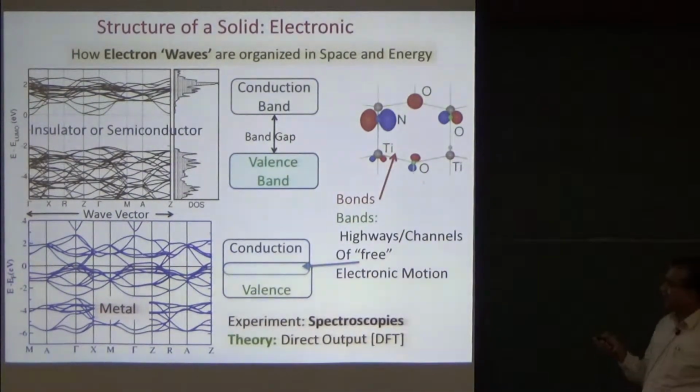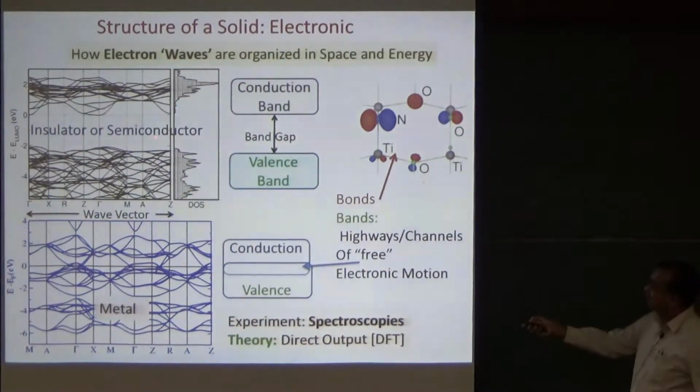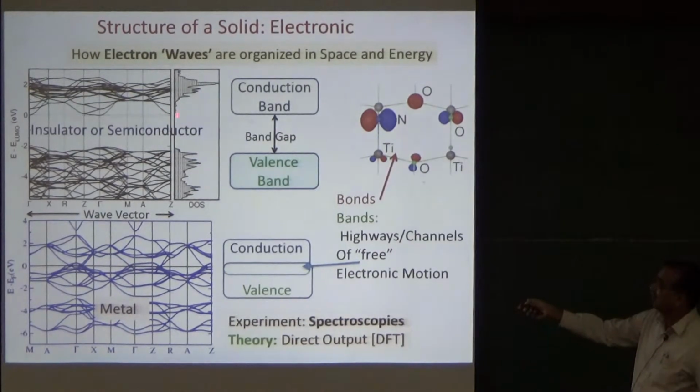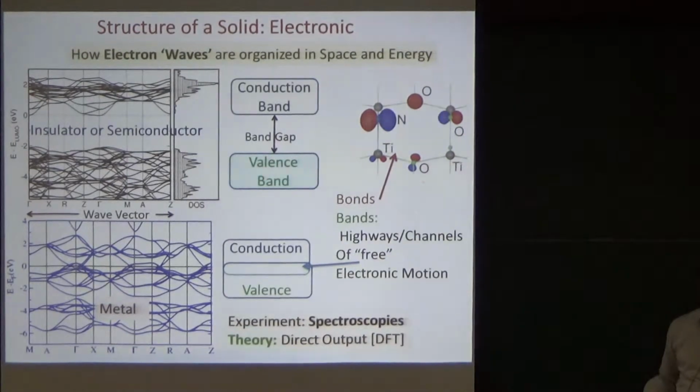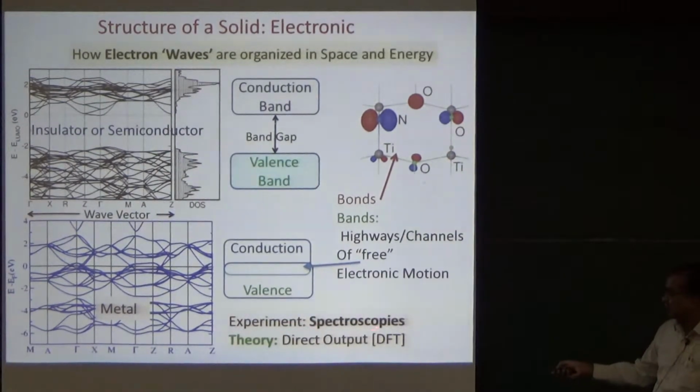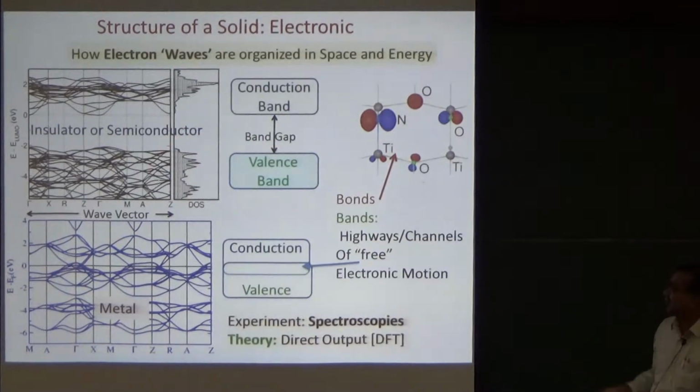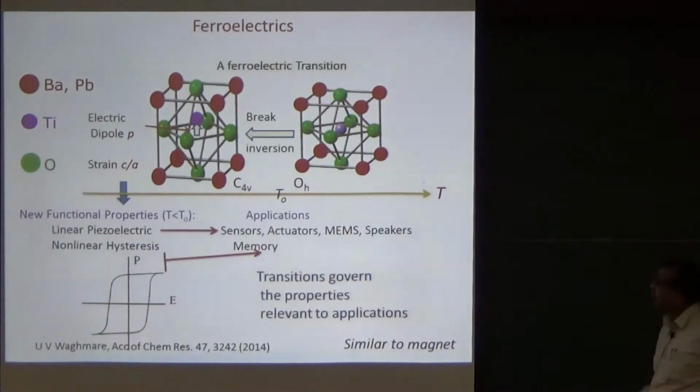So band structure, of course, is very useful, but quantitatively it's often wrong. The band gaps are underestimated, and sometimes you get a wrong metallic ground state for systems which are insulating. So there are ways to improve that. Of course, experimentally you can use electron spectroscopies to get these kinds of pictures, where this is a direct outcome of a DFT calculation. Okay.